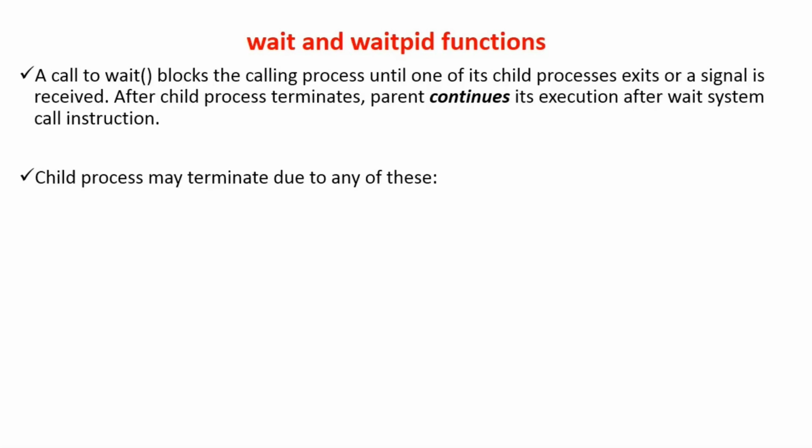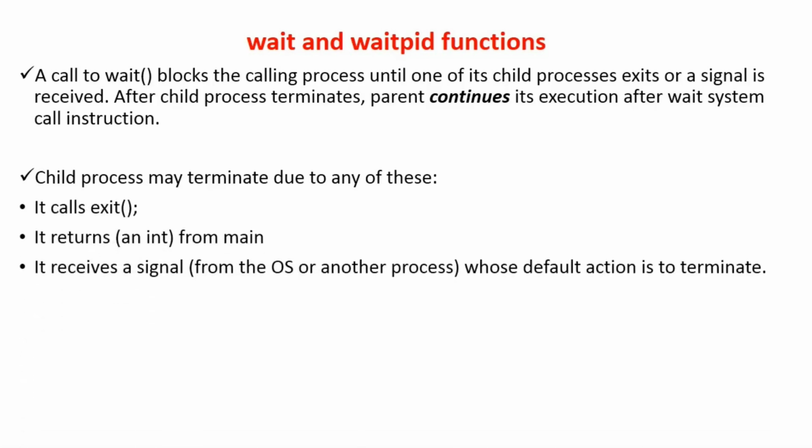The child process may terminate due to any of the following conditions. Maybe it called the exit function to terminate normally, or it returns from main. Or the child process terminates because of some signal received.